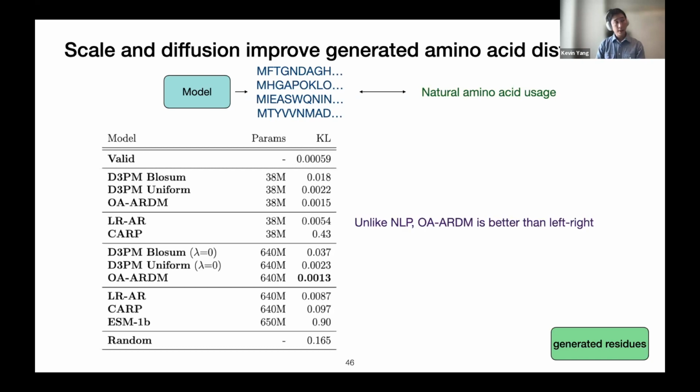So an interesting thing is that the original OA-ARDM paper does this for text. And they find that while OA-ARDM on text does do better than D3PM, for text, it does worse than left to right autoregressive models.